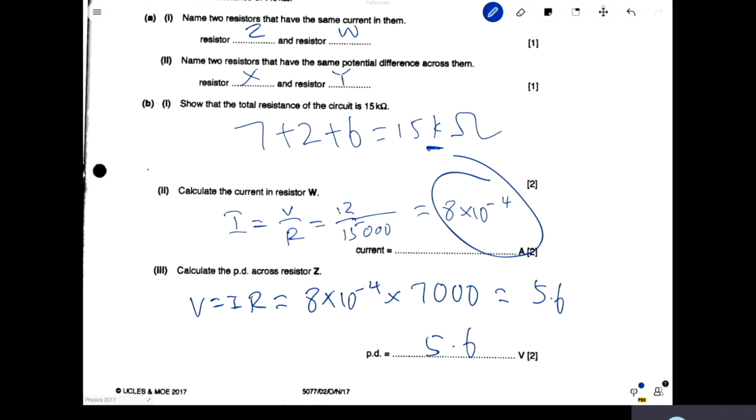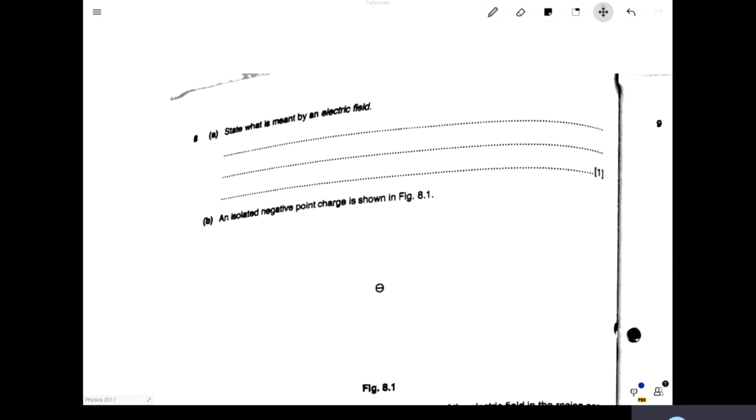Okay? So you see this paper 2 portion, a lot of formulas. Make sure your formula is good. Right, state what is meant by electric field. Oh man, this is your favorite. What's electric field? Electric field is a region where a charge experiences a force.